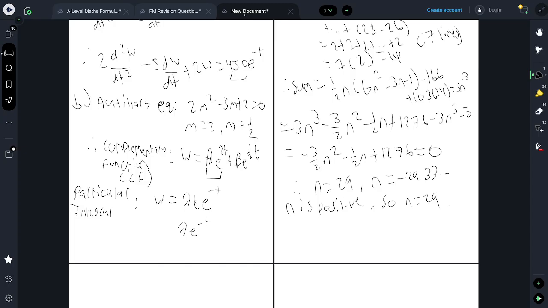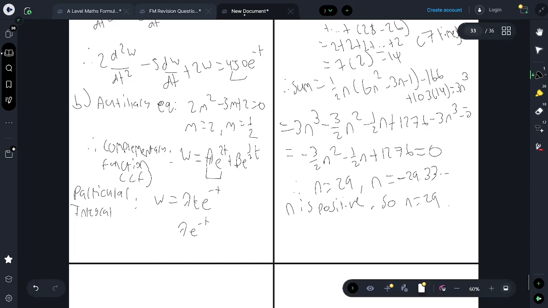I won't go too much into detail, that's sort of the idea, but I'm not going to go into detail about differential equations now. I just want to solve it, go over the method. So that's what we're going to try.